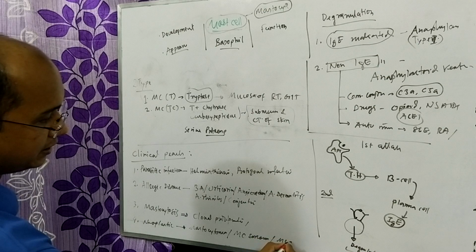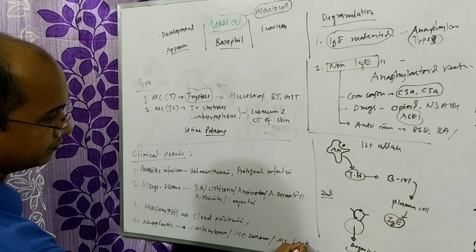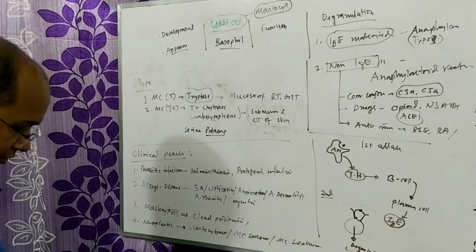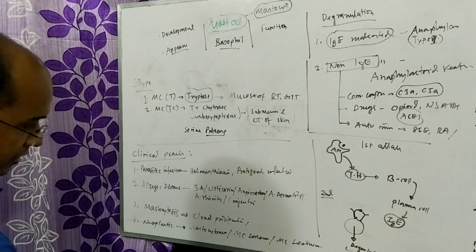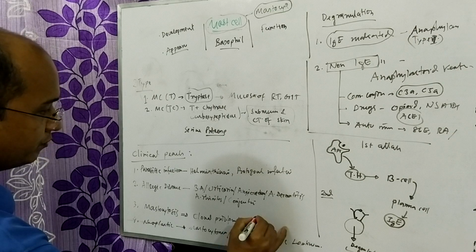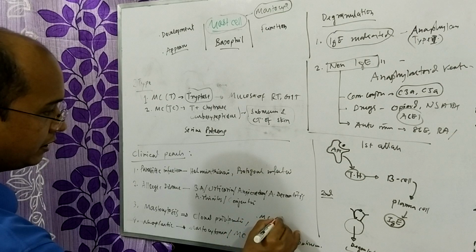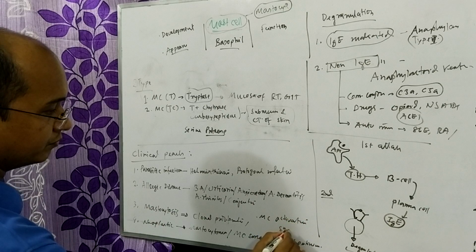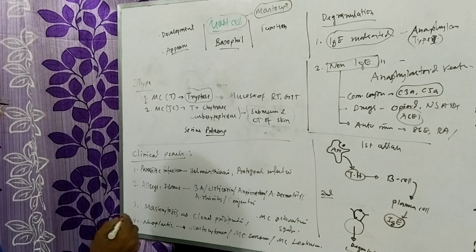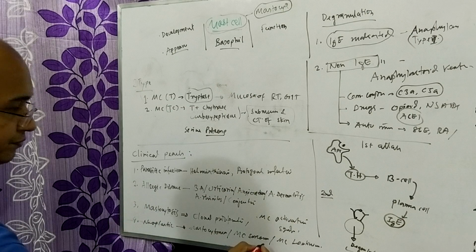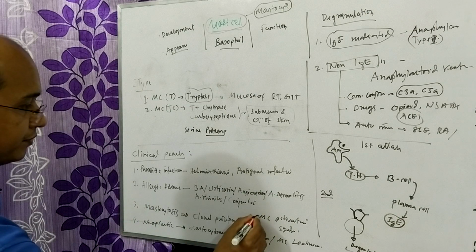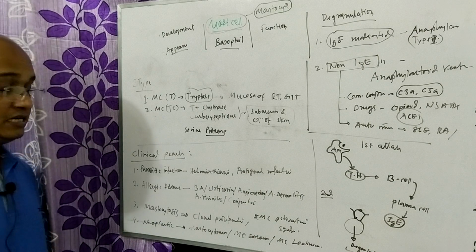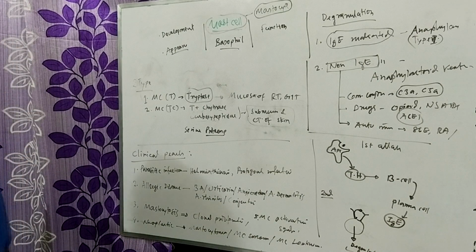Then mast cell leukemia. Okay. Another important one is mast cell activation syndrome. Okay. So 1, 2, 3, 4, 5. These are the 5 clinically important disease entities of mast cell.